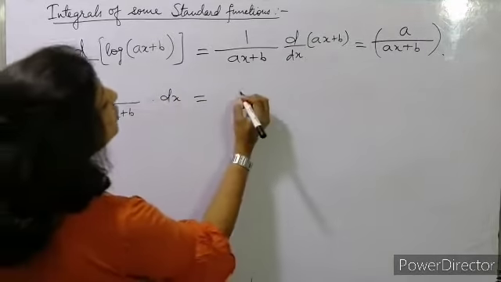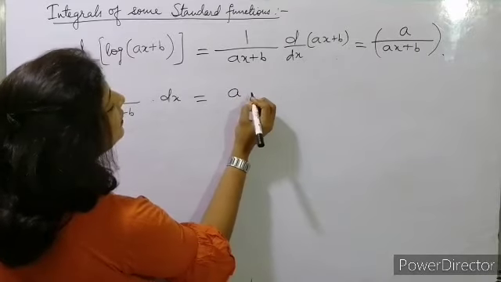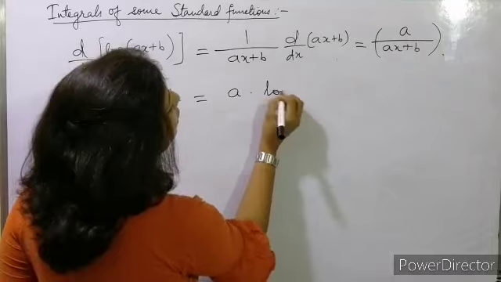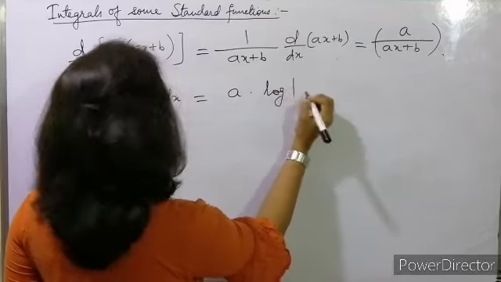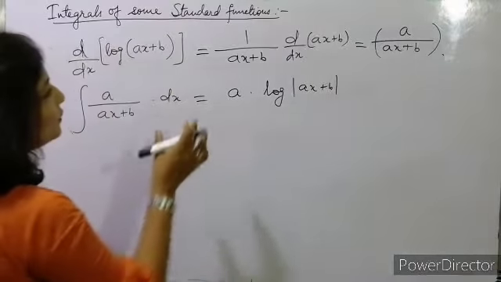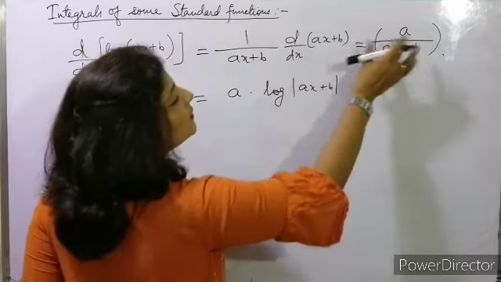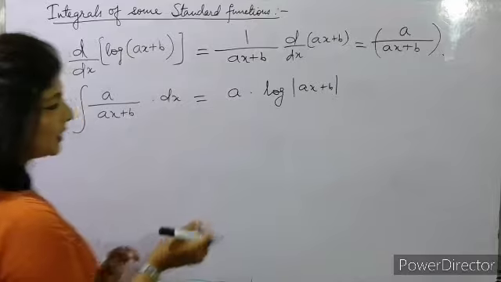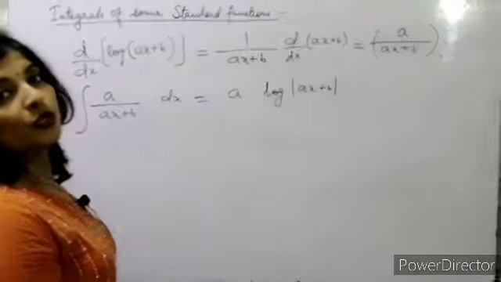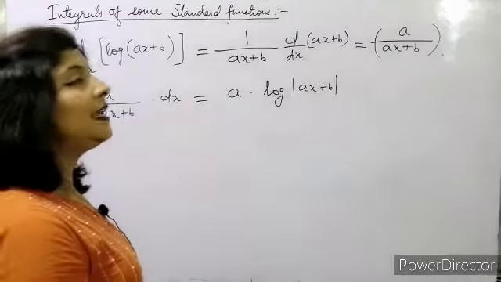First of all, a is constant, so we'll keep a here. Now for this one, 1 upon something, we'll get log of that something, log of (ax + b). Now here we were differentiating ax + b as well, so what we'll do here is integrate that.